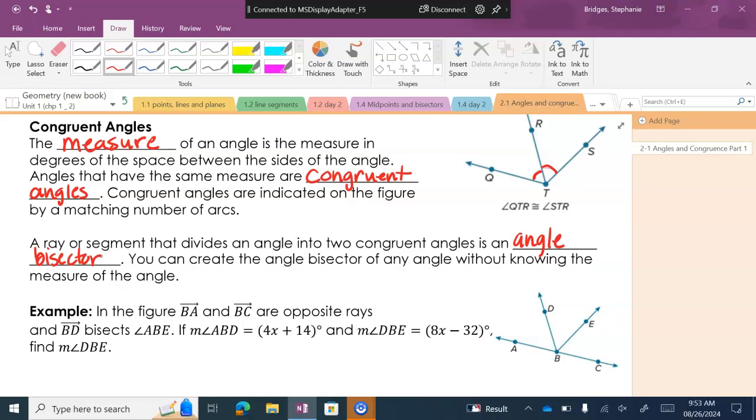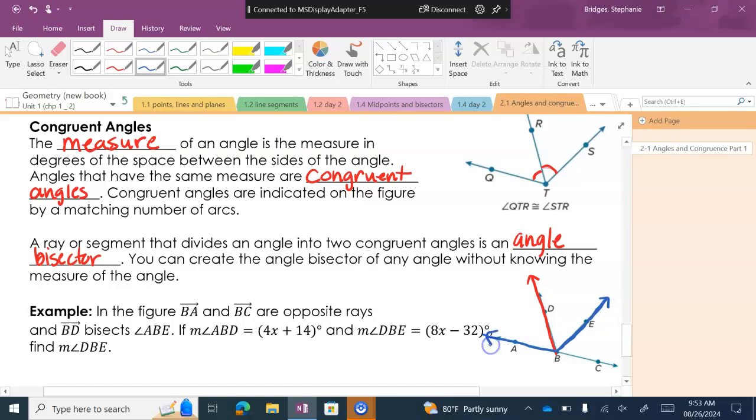All right, let's look at what that example says. In the figure, BA and BC are opposite rays. Does everybody see ray BA and ray BC? That's basically that straight line down at the bottom, yes? Then it says that ray BD, this one right here, bisects angle ABE.